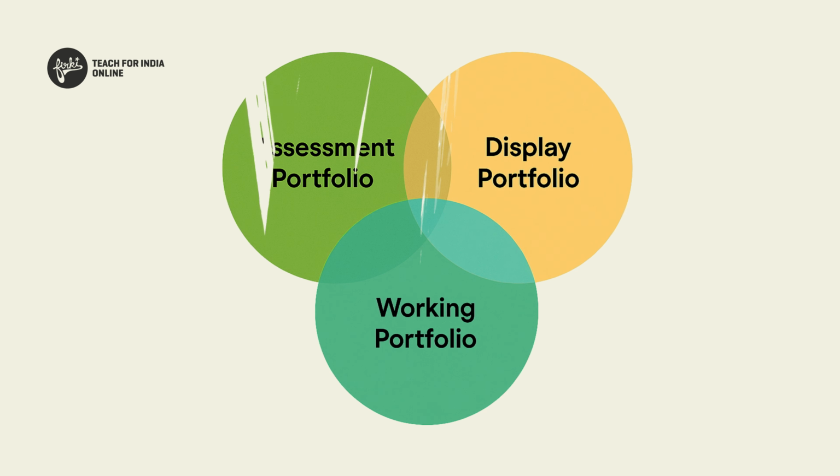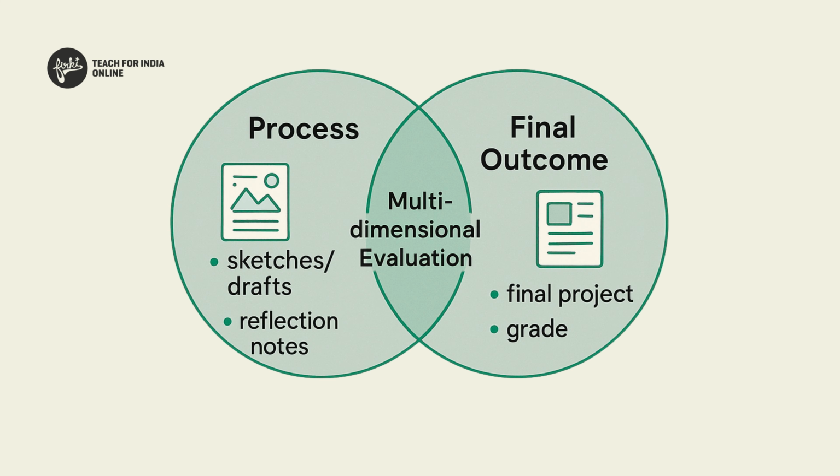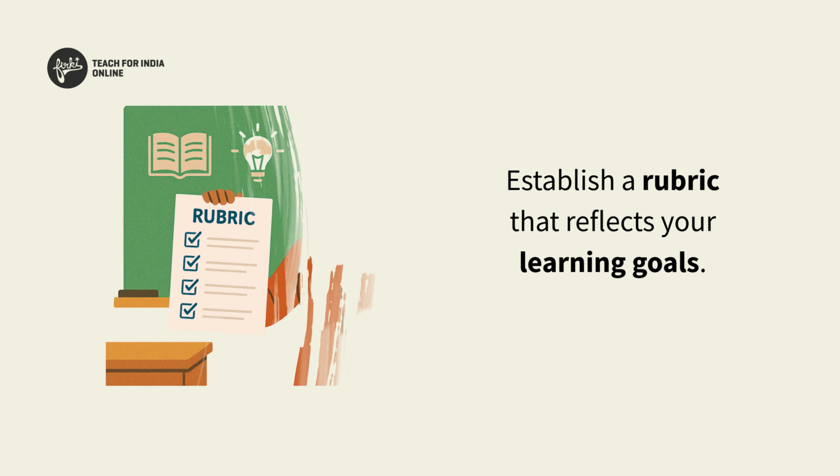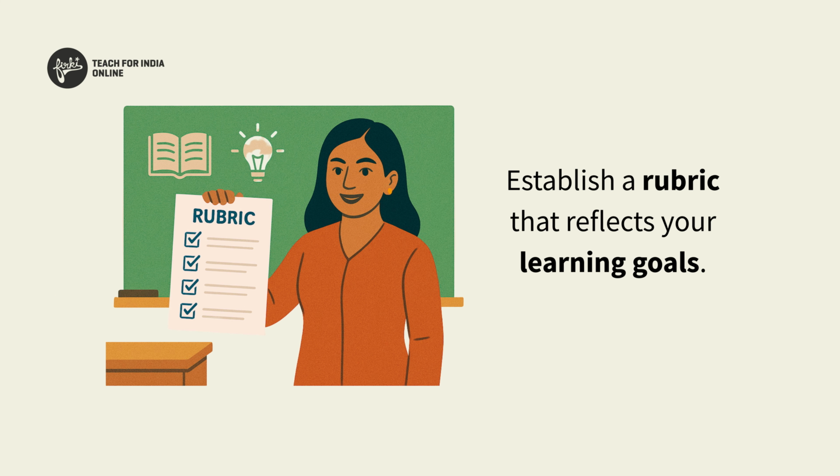In many classrooms, portfolios are a blend of these types, so evaluation should be multidimensional, considering both process and final outcome. Now let us explore some approaches to evaluating portfolios. Establish a rubric that reflects your learning goals.